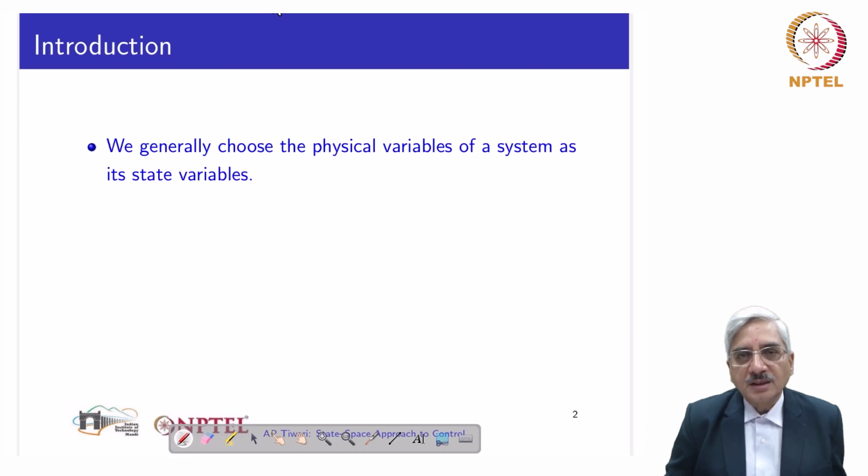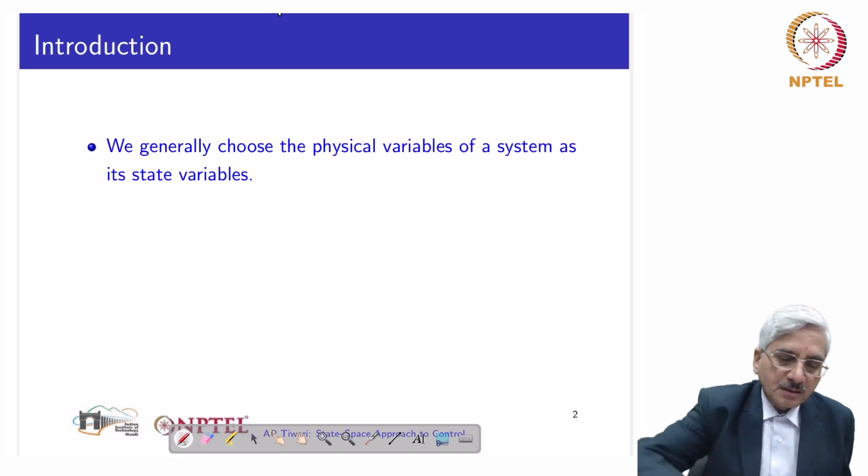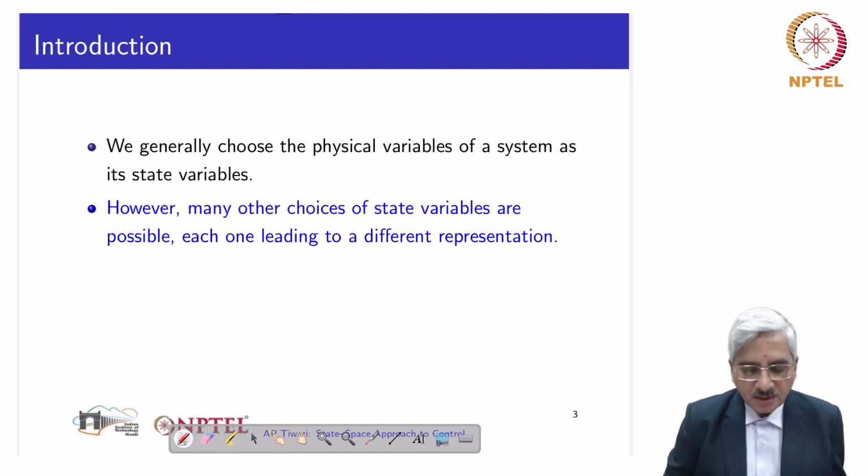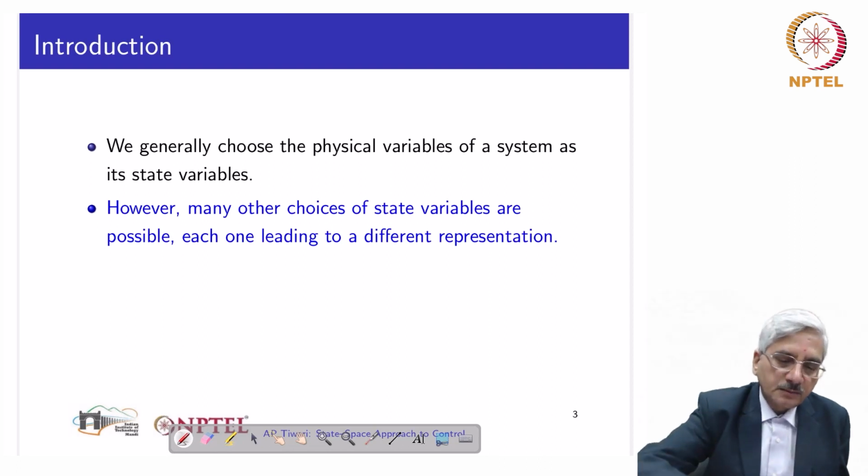We can take other variables as the state variables, and this is what is to be done today. Many choices of state variables are possible, and each choice will lead to a different representation, meaning that the system matrix and input matrix in one representation will be different from those in the other representation.